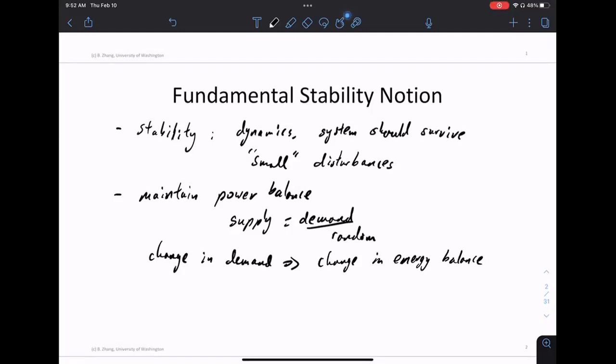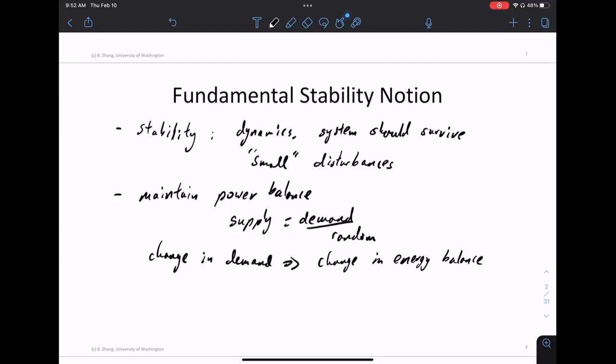From spinning turbines. This energy physically has to come out of somewhere. What are the storage elements that we have right now? The spinning turbines, the inertia in the spinning turbine.